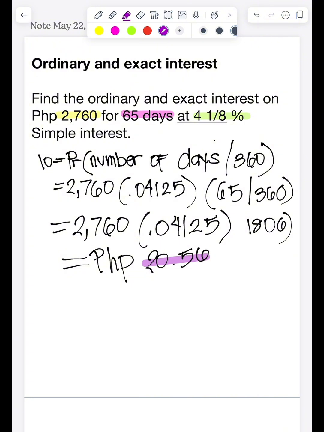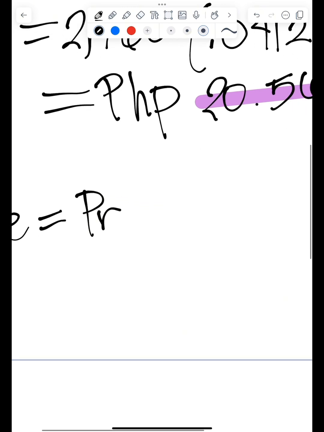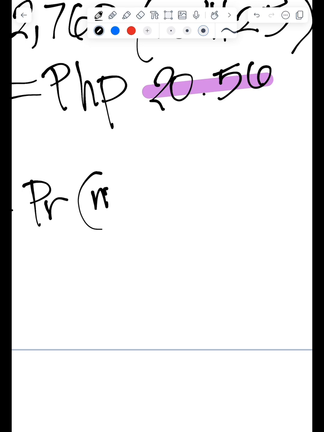Now, let's proceed to the exact interest. The formula we'll be using is I_e equals P R times the number of days divided by 365.